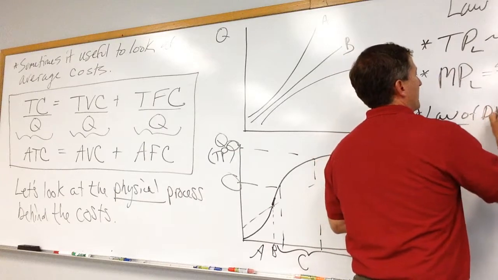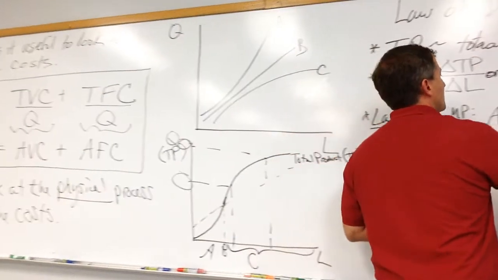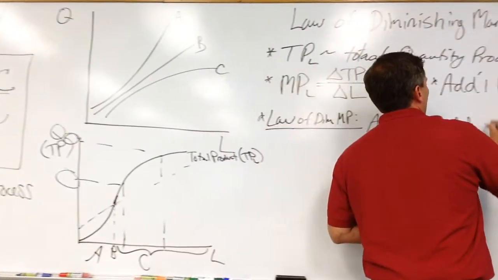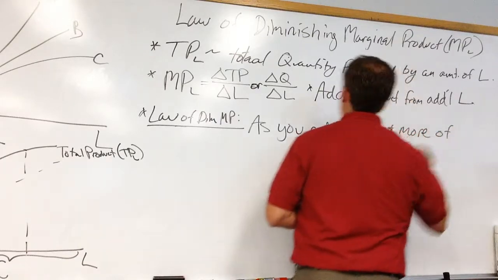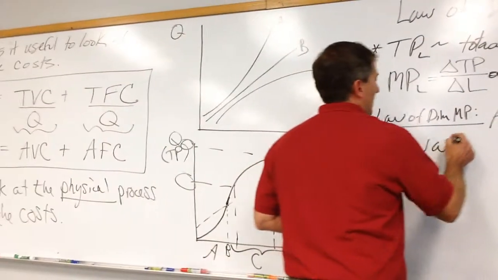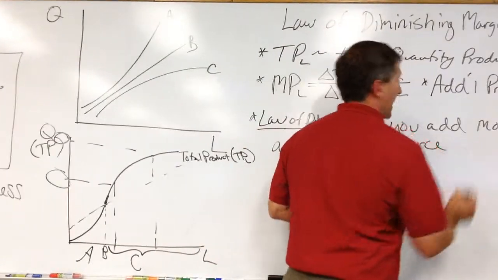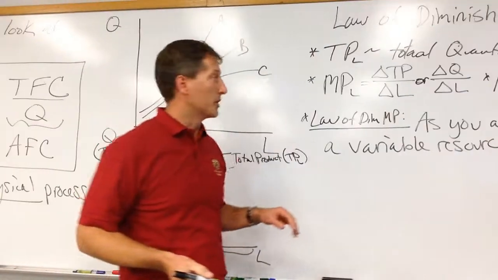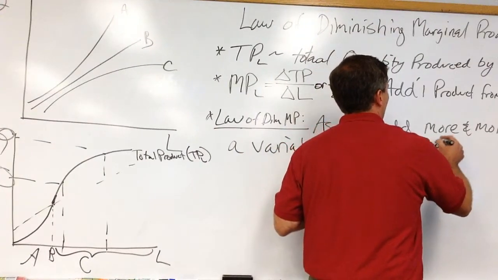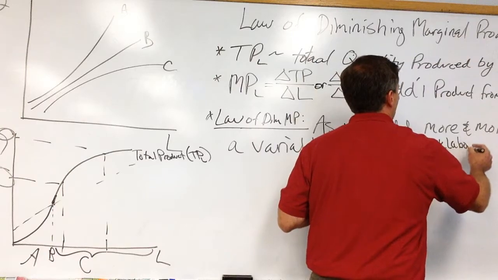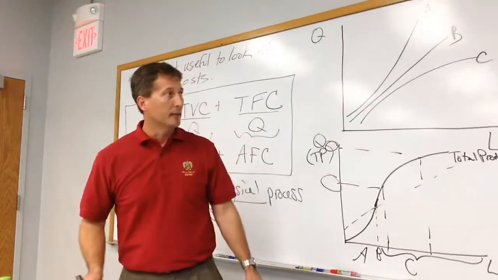The law of diminishing marginal product. Definition. As you add more and more of a variable resource, i.e. like cooks or cook labor from my example, that was our variable resource, generically speaking.